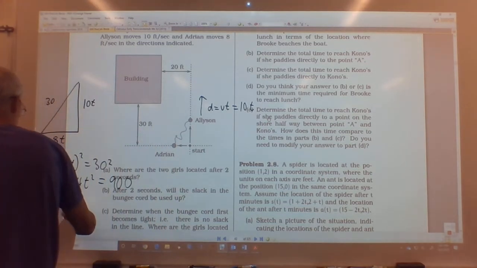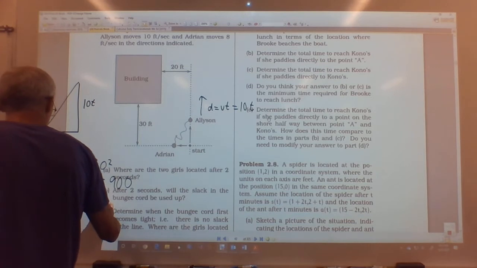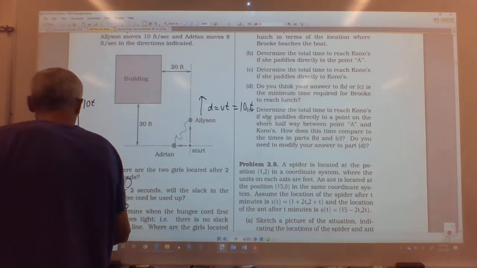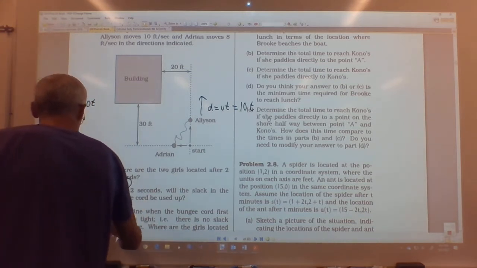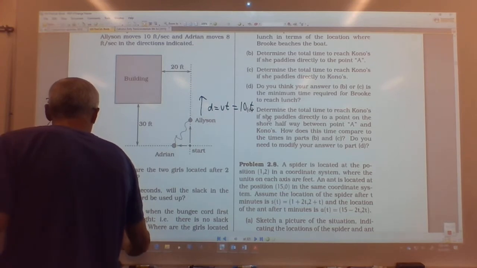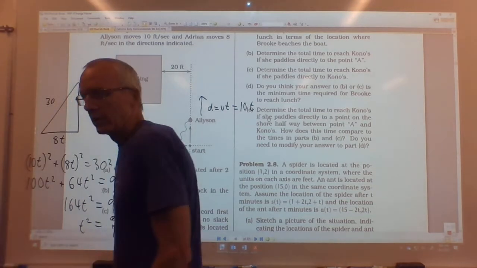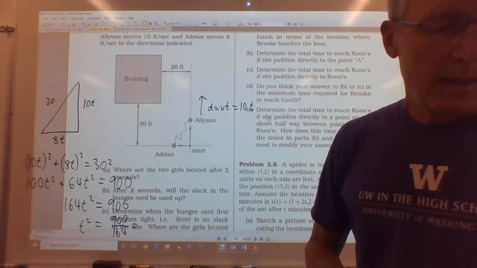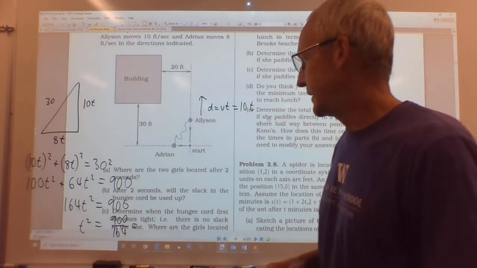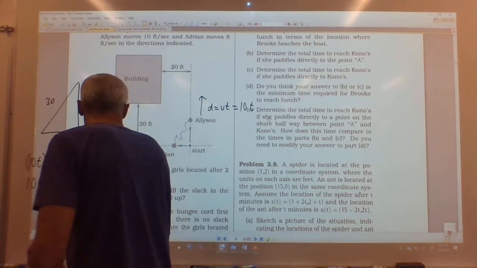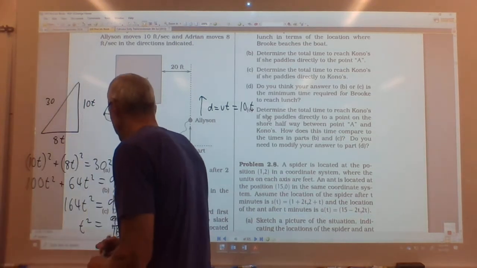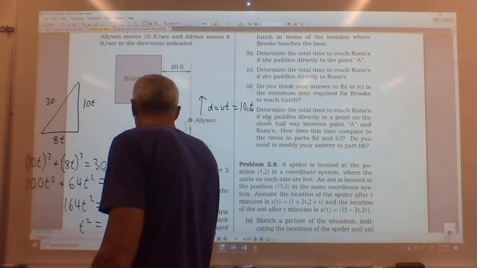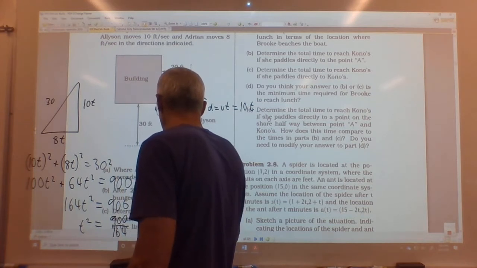That's 164t squared equals 900. t squared is 900 divided by 164, which who knows what that is. And so t then is the square root of that. Okay, so you can get that number, and then t is the square root of 900 over 164.